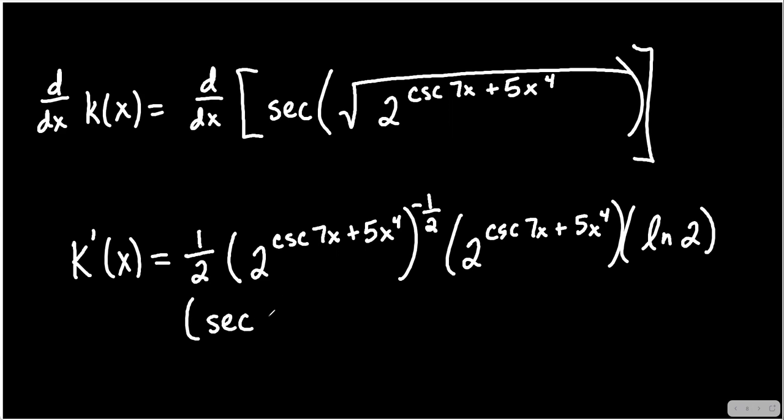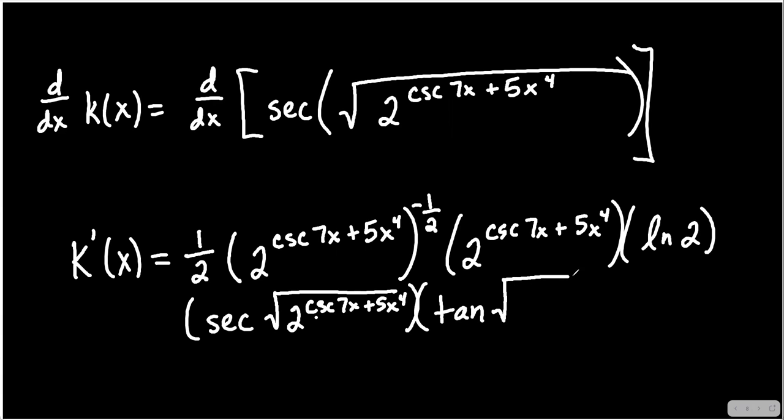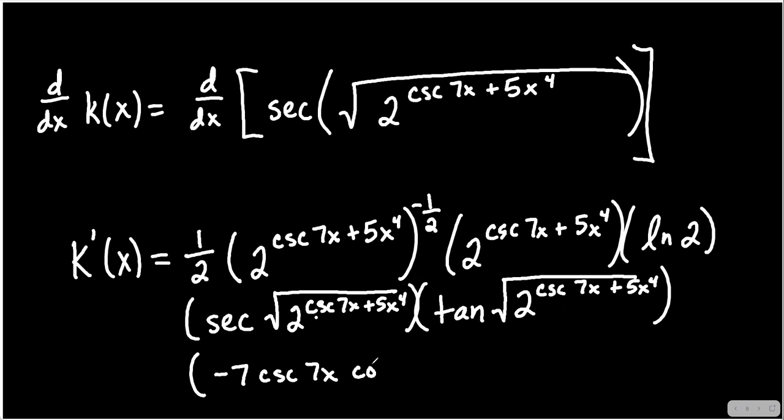secant of the square root of 2 raised to the cosecant 7x plus 5x to the fourth, times, so this is all multiplied together as one big answer, tangent of 2 raised to the cosecant 7x plus 5x to the fourth, still multiplied, times negative 7 cosecant 7x cotangent 7x plus 20x to the third.